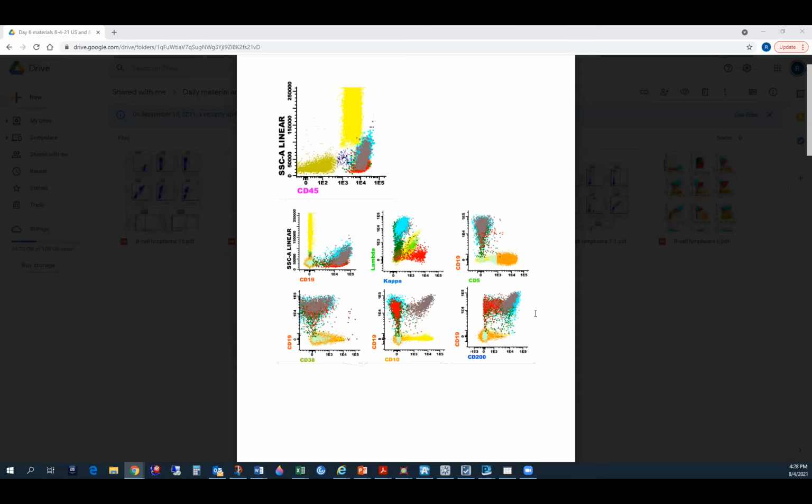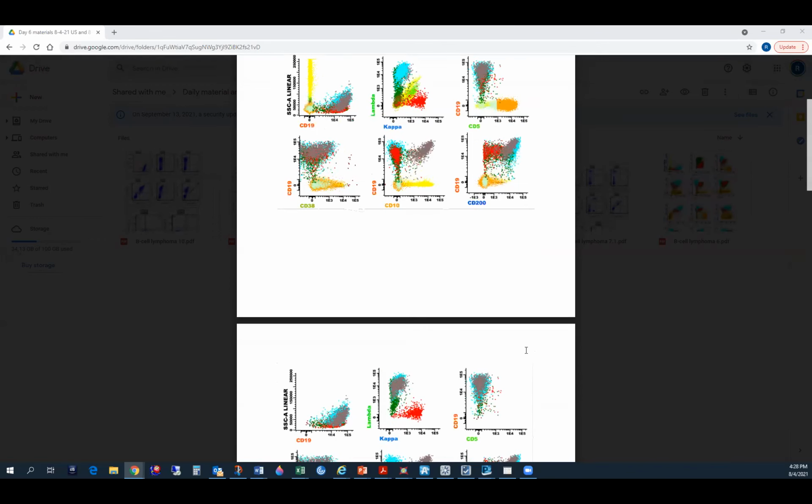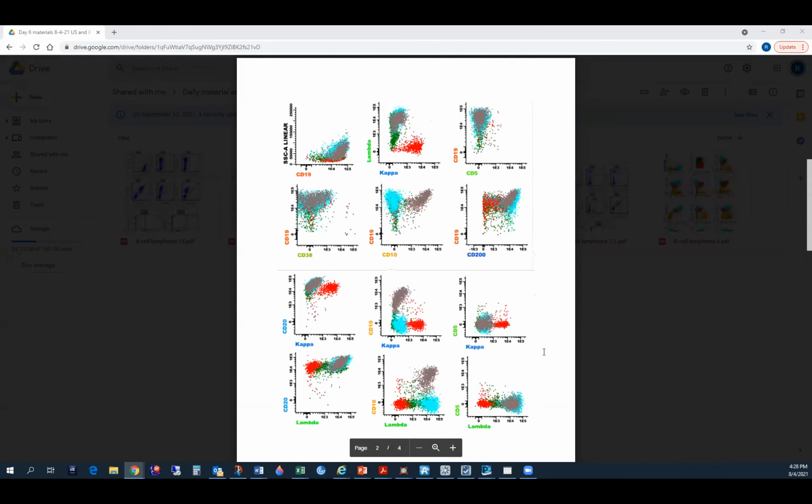We don't expect that in a normal lymph node. There will be a spray of 200 positivity, a dimmer 200 positivity, but this one stands out with really bright 200 positivity. So they probably took this one first, and then they backgated it and saw where it is sitting in all the other plots, because you cannot really separate it from the other plots. 200 and CD10 is how they separated it.